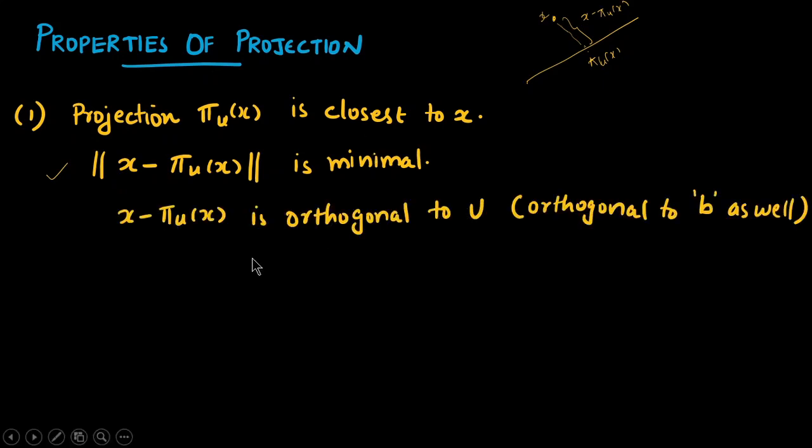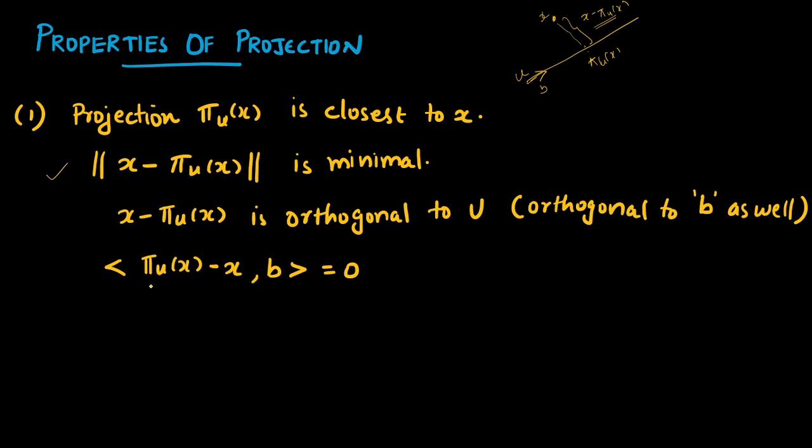That's what it says. And this vector x minus pi u of x is orthogonal to this line u, or we can say that it is orthogonal to the base vector of u. So since it is orthogonal, its inner product will be 0.